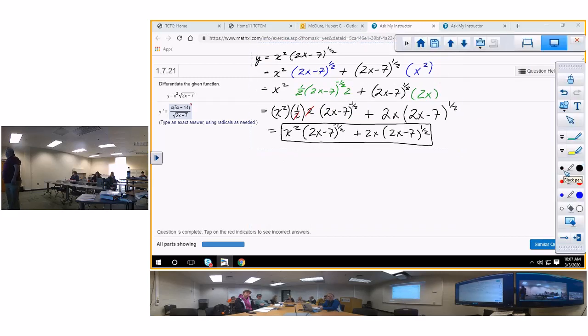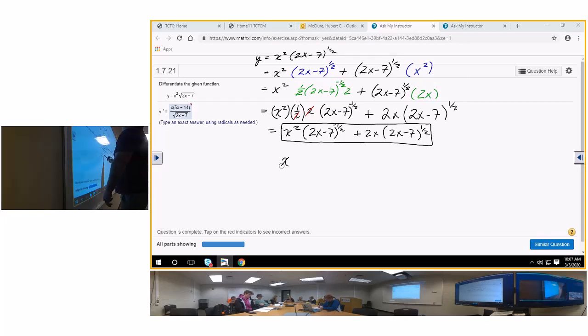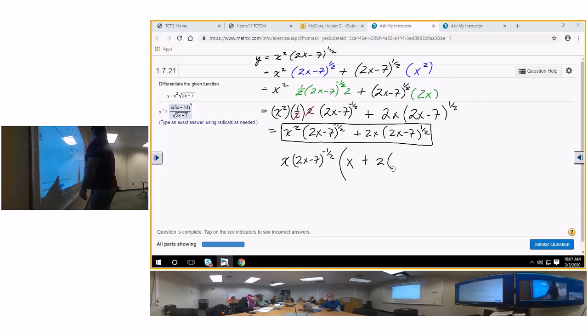So I'm going to factor out an x, and I'm going to factor out a 2x minus 7 to the negative 1/2 power. And that's going to leave me x right here, and that's going to leave me 2, and what is 1/2 divided by negative 1/2?